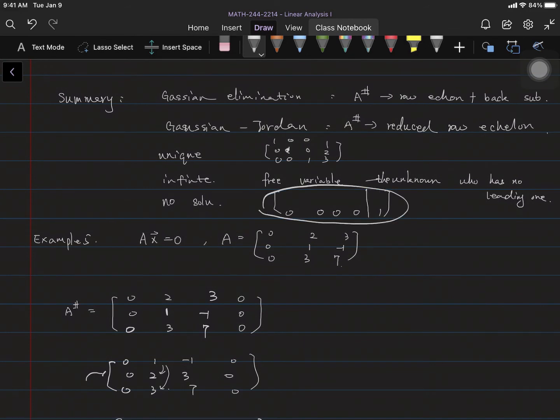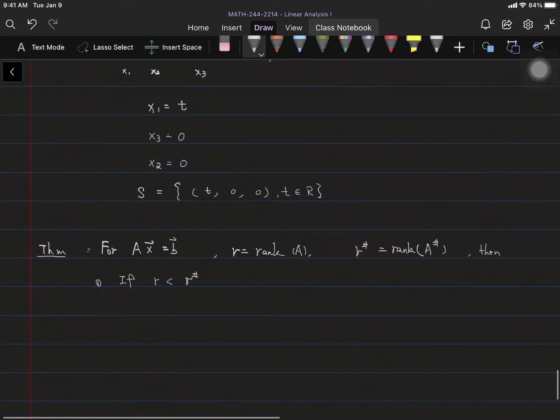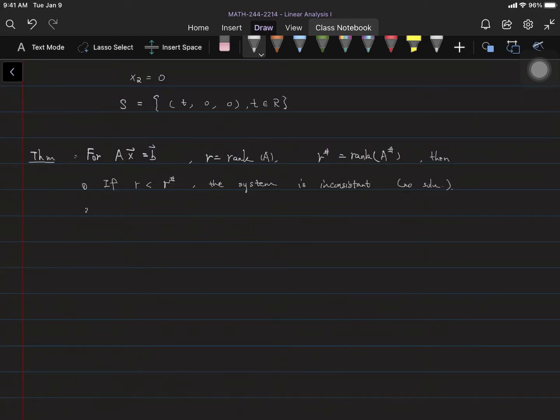You can see the rank of the augmented matrix is larger than the rank of A. So in this case, there's no solution. We say the system is inconsistent. Second, if r equals r-bar, that means the rank of A is the same as the rank of the augmented matrix, so the system is consistent.